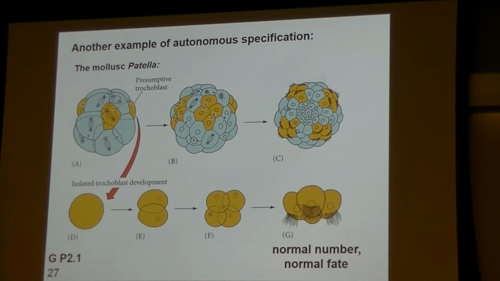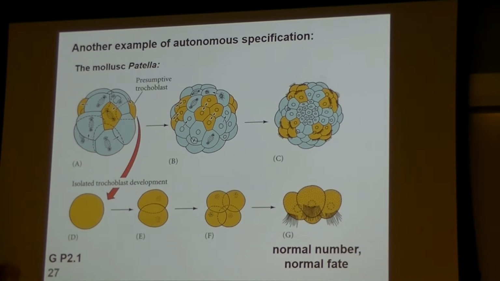So here's just another example of this, just a different marine invertebrate creature known as patella. One of the cell fates is that some of these cells in this organism, as it develops, will develop these cilia that swish around some of the seawater and maybe bring nutrients closer to it.